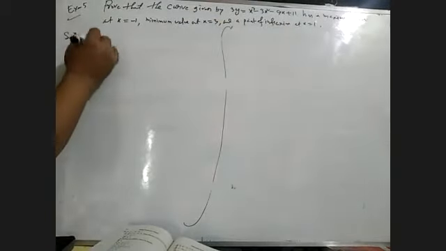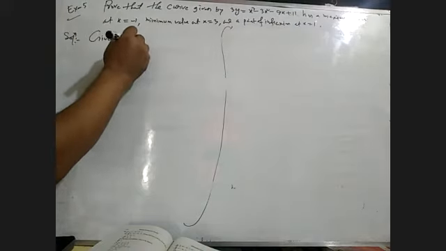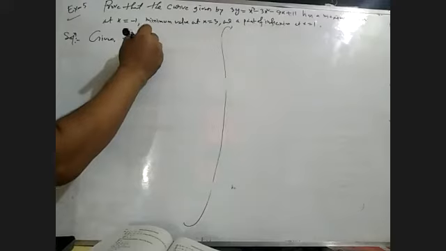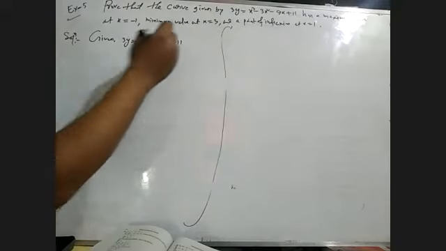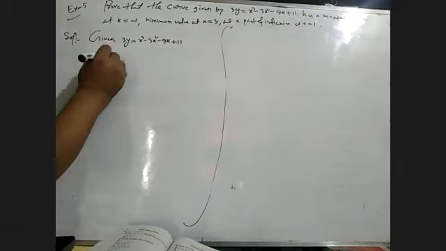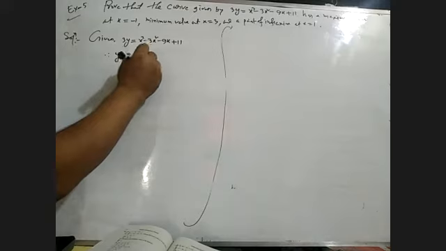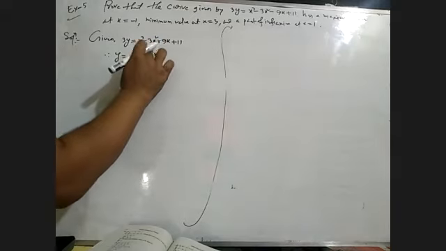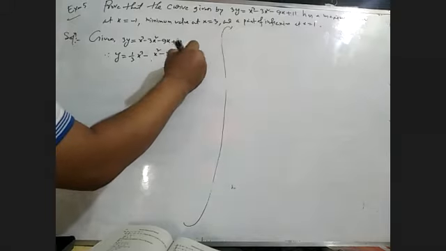So the given curve is 3y equals x cube minus 3x square minus 9x plus 11. Therefore y equals 1 by 3 x cube minus x square minus 3x plus 11 by 3.